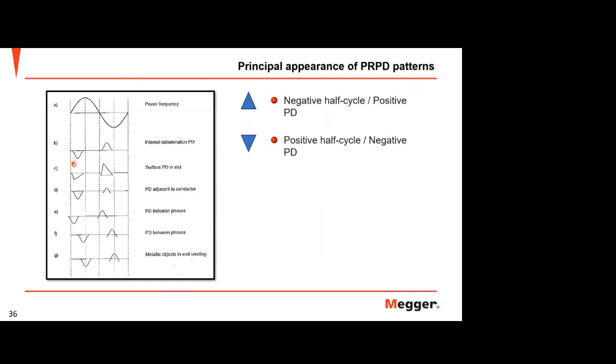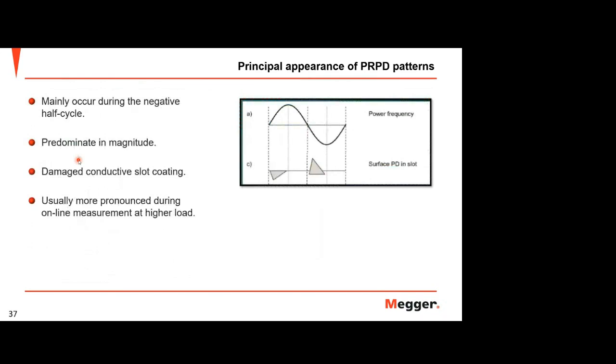So if you see this one, this is the negative half cycle, positive PD, like this. This is negative PD. Now, this is maybe the detailed explanation. For this slide, this is the power frequency wave, and this is an example of surface PD in the slot. If you see here, the pattern should be around 0 to 90 degrees, and the second one 180 to 270 degrees.